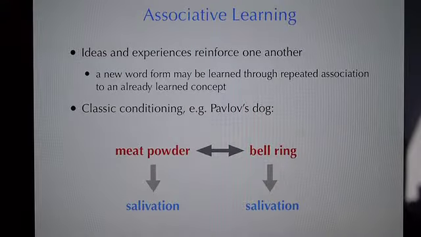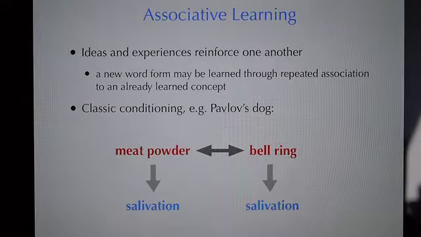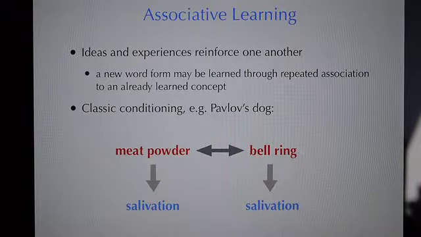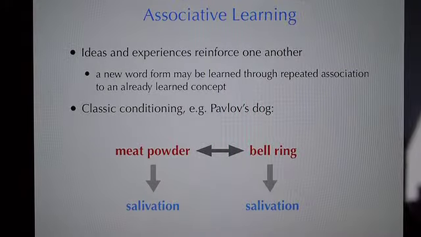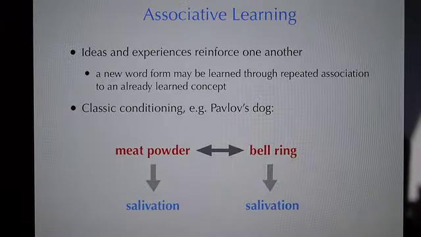And so the idea is that the same kind of association is being established between words as labels and referents as concepts. But as I told you before, this simple mechanism really doesn't deal with the complexity and the ambiguity of the data that's available to language learners.